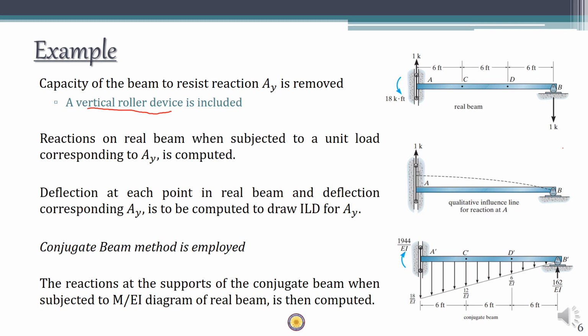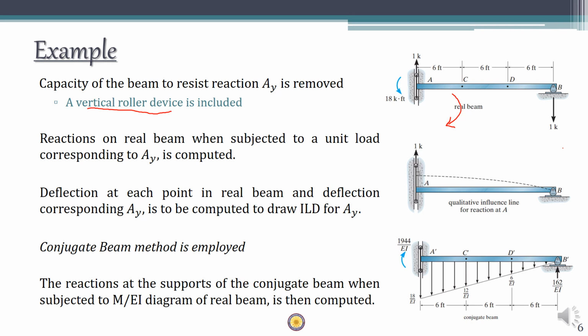This vertical reaction acting downward creates a moment which is clockwise, and the value is 1 into 18, which means 18 clockwise. In order to resist this moment, you have to develop a moment at this support, which is 18, opposing this, so it is anti-clockwise, right? So you have already found out the reactions on the real beam.